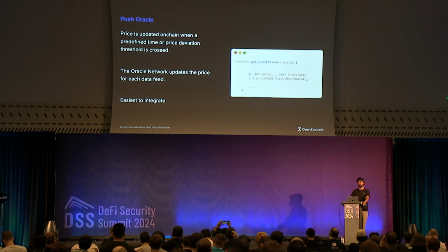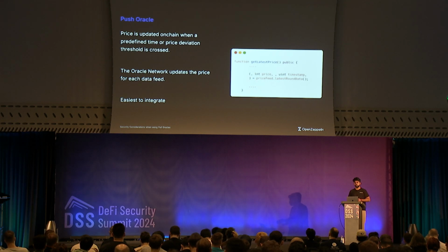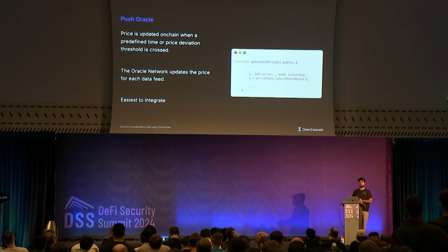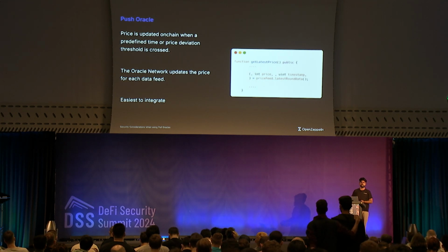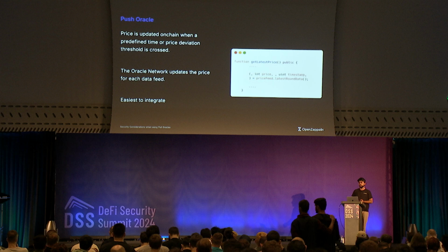But the problem with push oracles is that they're very expensive to operate, because someone needs to bear the transaction cost of continuously updating them. Push oracles actually work on either price deviation thresholds or time thresholds. So the data on the Oracle smart contract will be updated every hour or something, or if the price deviates by 5% or something.